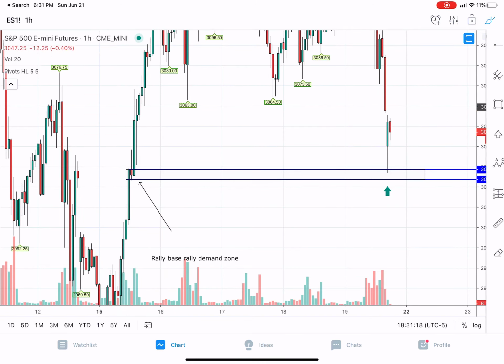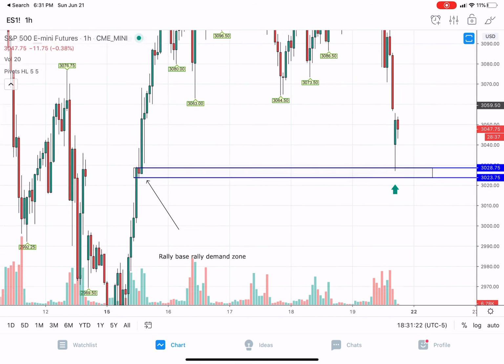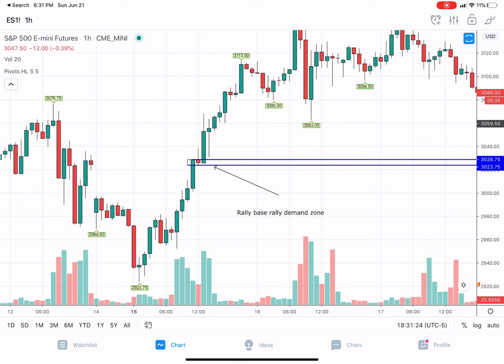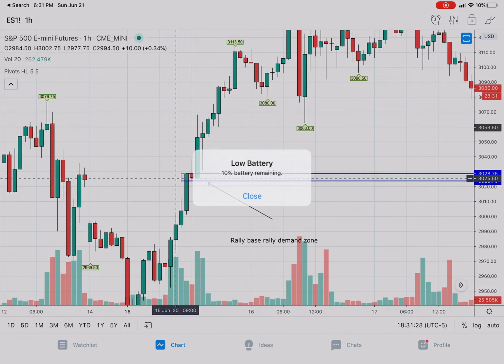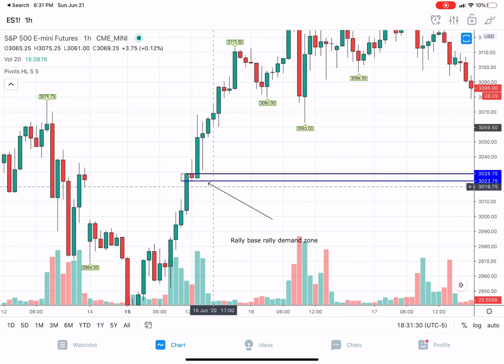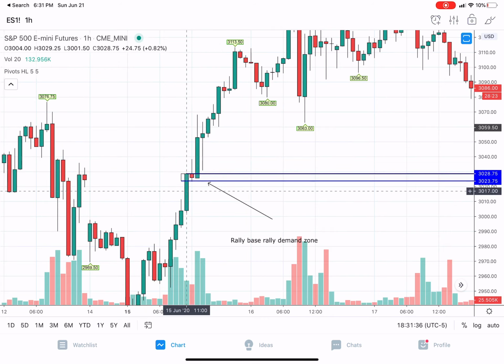But here is a strong imbalance. Why is it strong? Look at the candles leaving the area, guys. You get this massive rally, you get a pause here, and then another rally. So for price to rally, it's pausing or accumulating buy orders.